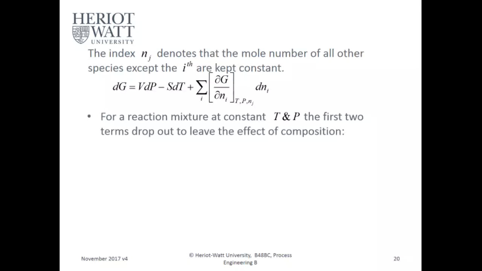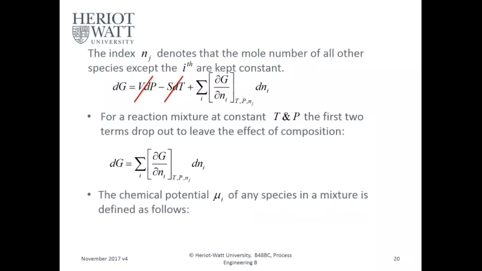For a reaction mixture at constant temperature and pressure, the first two terms drop out to leave the effect of composition. So because there is no change in temperature and pressure, you cancel out the first terms. So dG equals the sum of the change in G over the change in Ni at constant temperature and pressure with respect to change in Ni, the change in the composition of the first term.